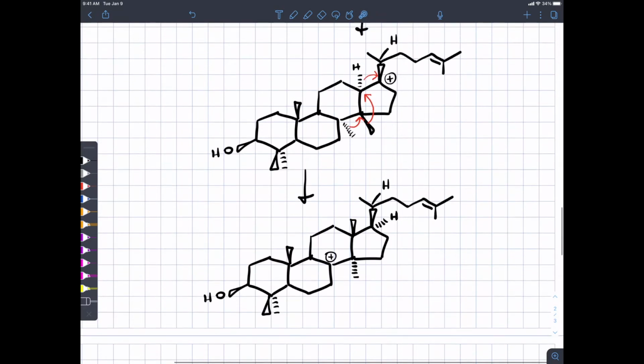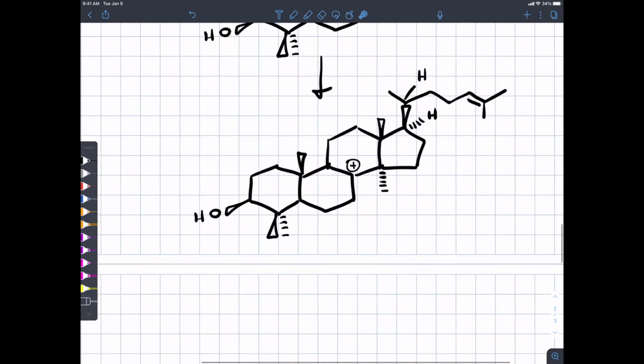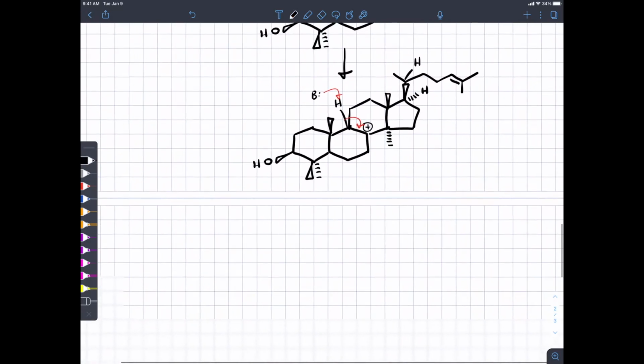And some of the reasons for this 1,2 hydride shift, we haven't talked about it, but this may be about also getting the 5- and 6-membered rings to adopt the right conformations by changing the stereochemistry of how they're linked together. Finally, when you get to this carbocation, a base removes the adjacent proton to give you a double bond at that position.